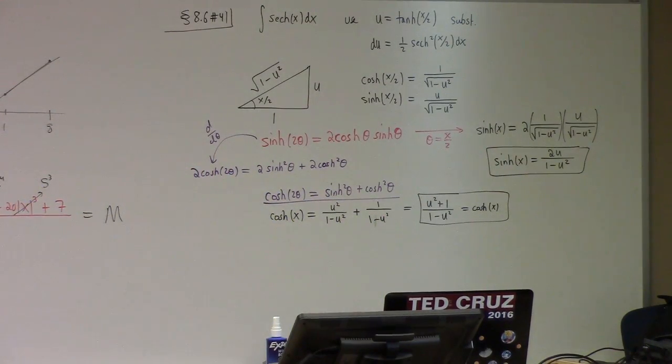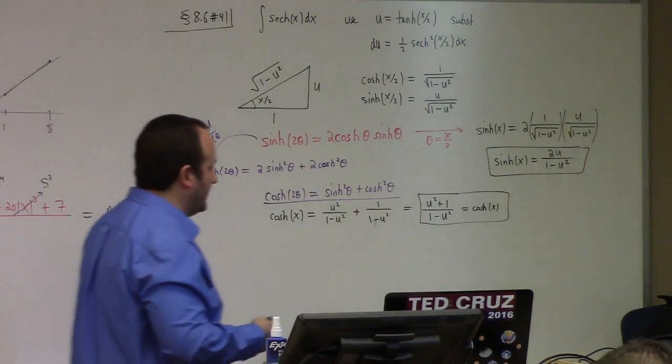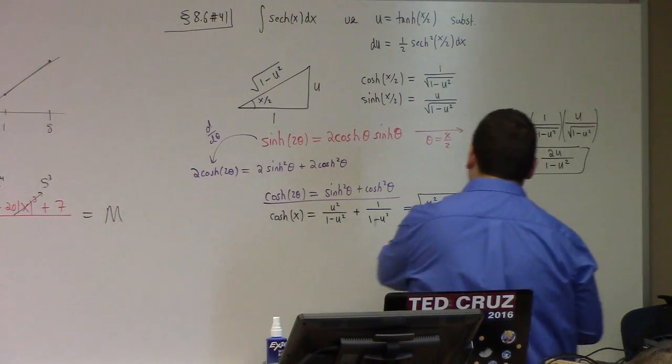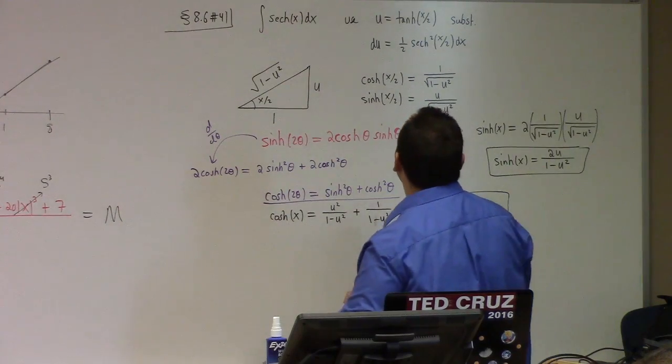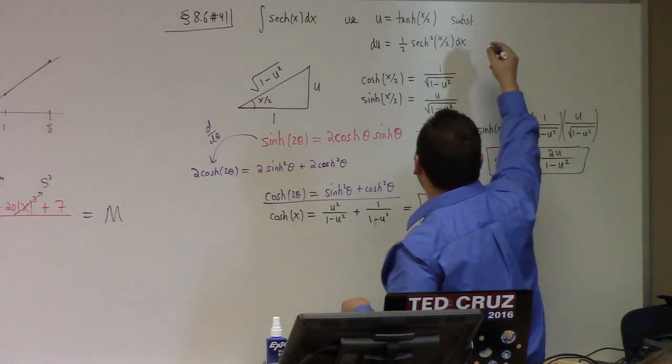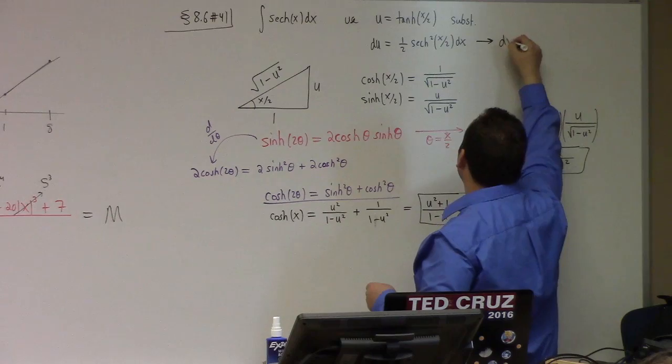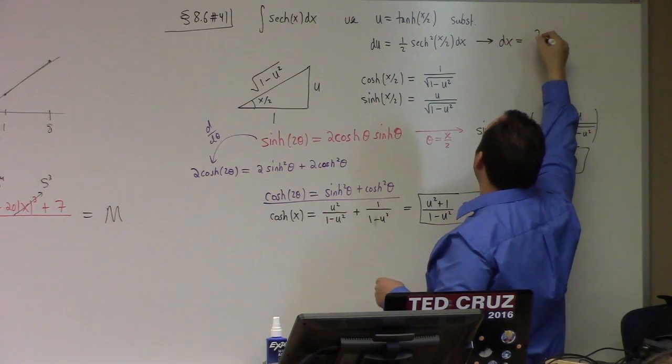So I'm trying to help you guys out. I'm doing the, you might say, the hard part of problem 41, which is to discover the analog of the Weierstrass substitution for the hyperbolic case. And here it is. I guess I still need to clean up this dx. What's dx equal to? 2 du.